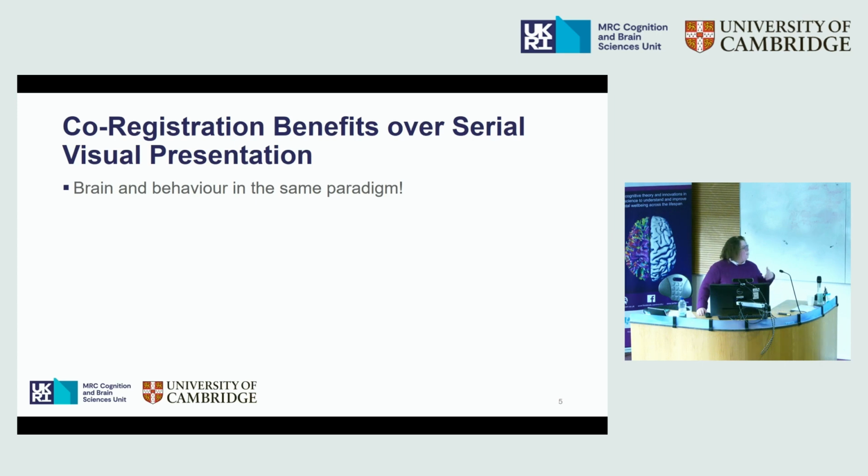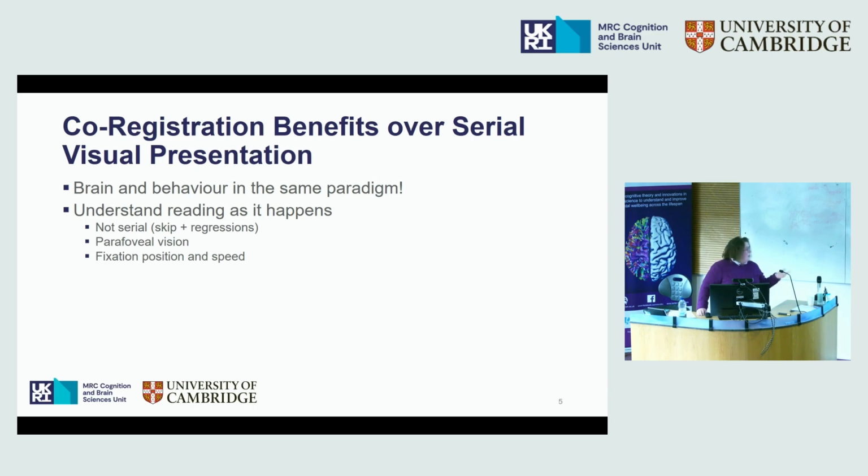So we can look at the brain activity that's generated by different fixations. For example, when looking at different parts of the screen, we can lock our analysis to that event and analyze the evoked response. But we can also analyze behavior in terms of saccade durations or fixation durations, saccade amplitude, and all information derived from the eye tracker.